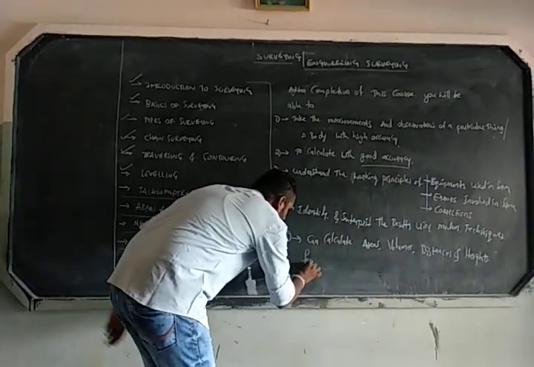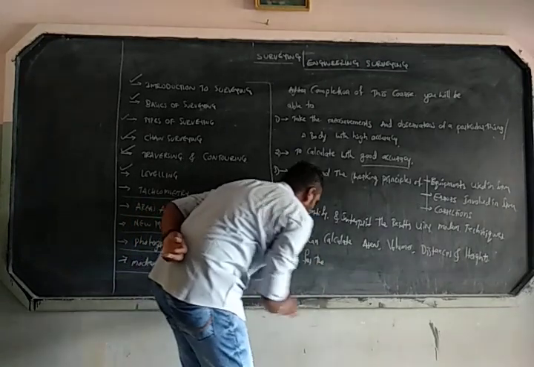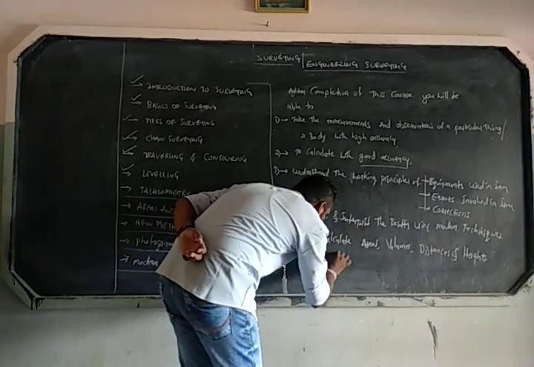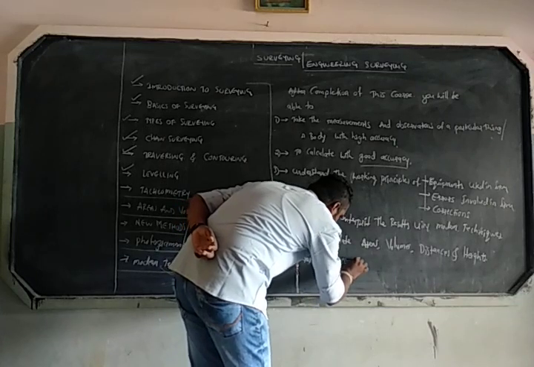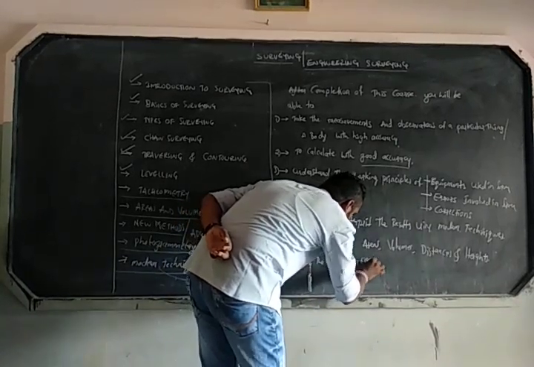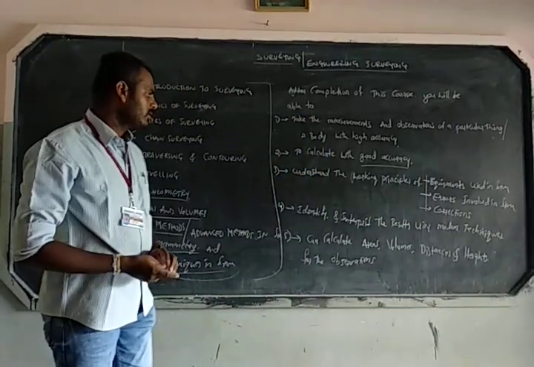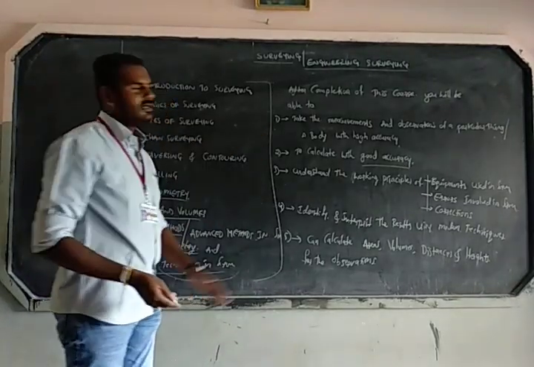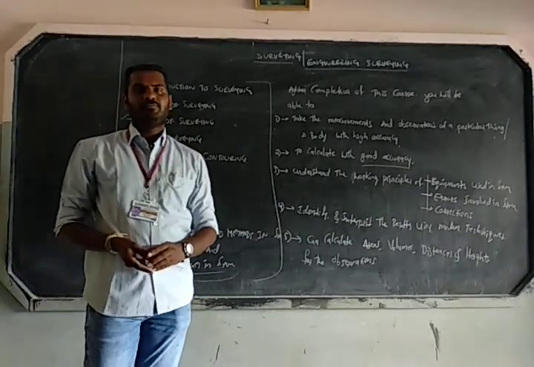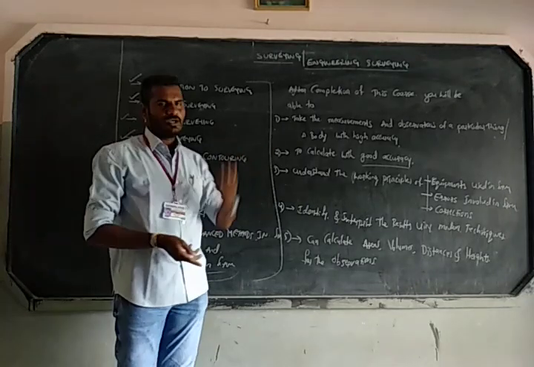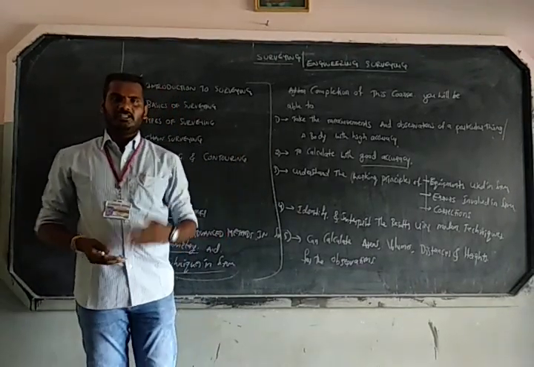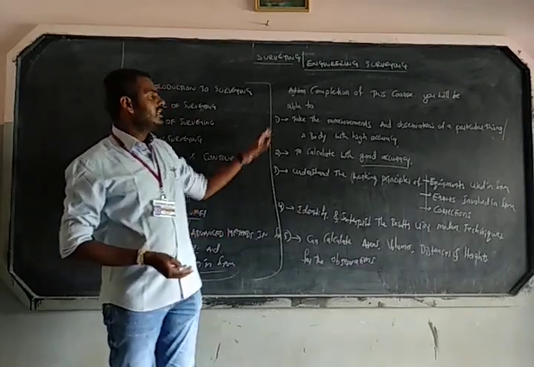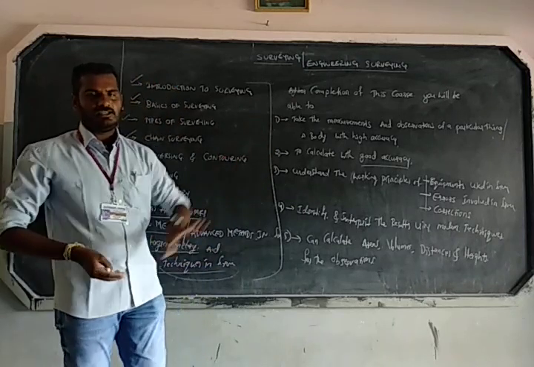Further, observations. So these 5 are the major achievements or major course outcomes that a particular student or a particular person can achieve after completion of this particular course.